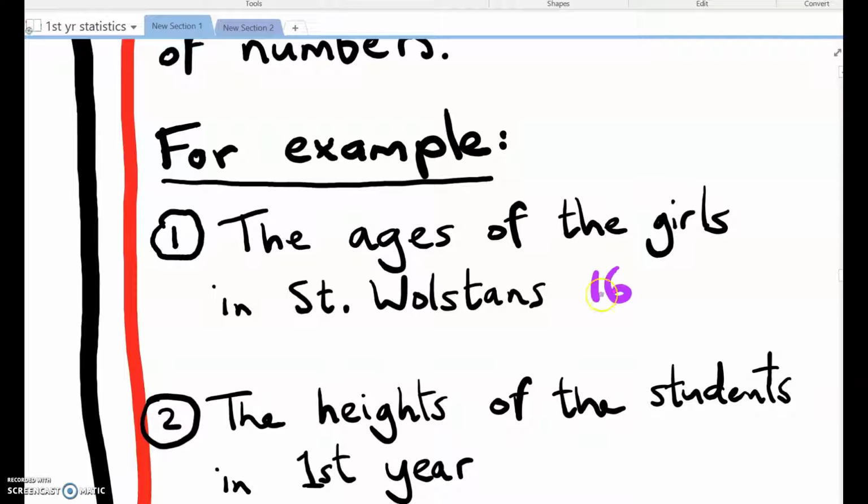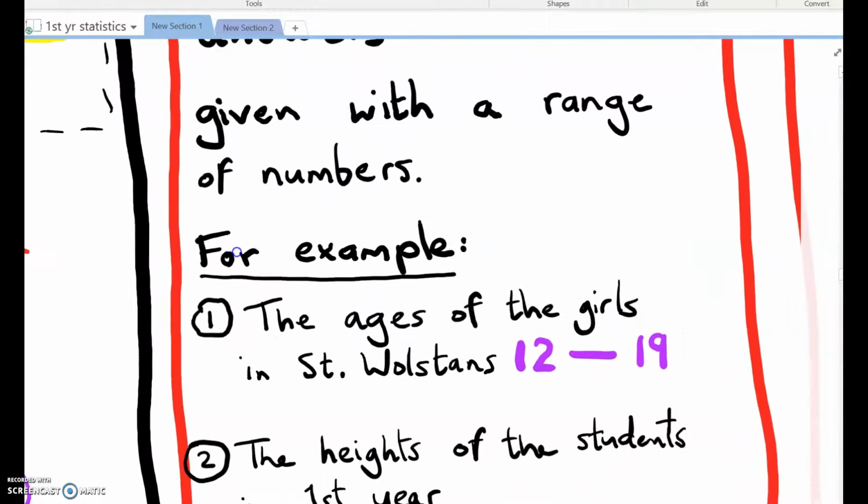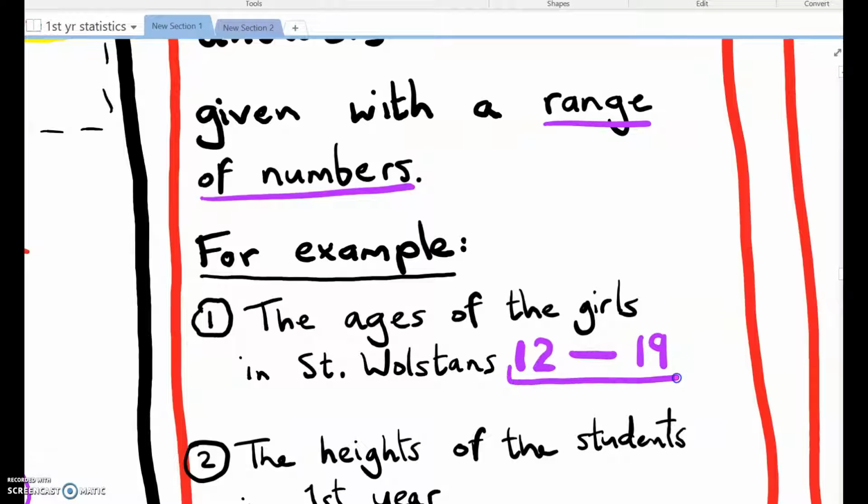So you would have to say, oh, they are between 12 and 19. So there's a range of answers. That's what continuous numerical means. There's a range of answers. The numbers could fall anywhere between 12 and 19.